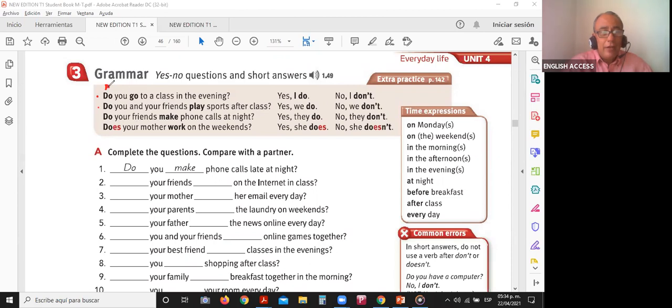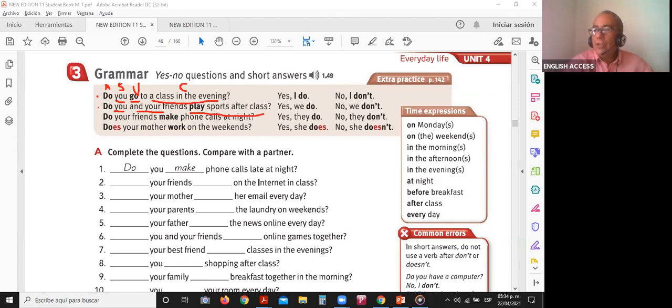After the auxiliary, we have the subject, you, and then the verb, go. And finally, a complement to complete the question.